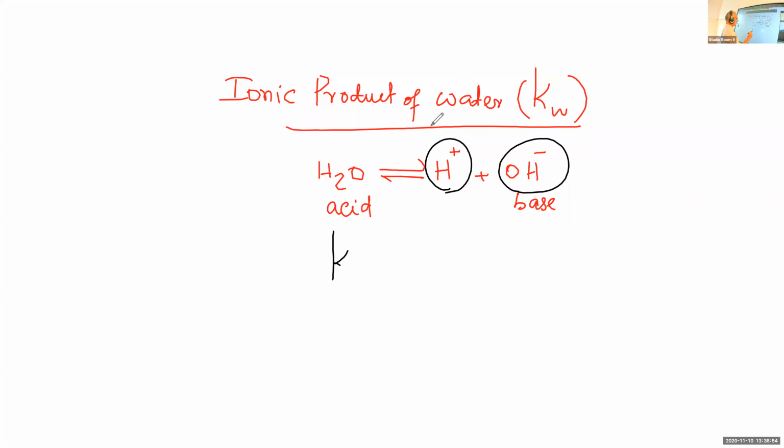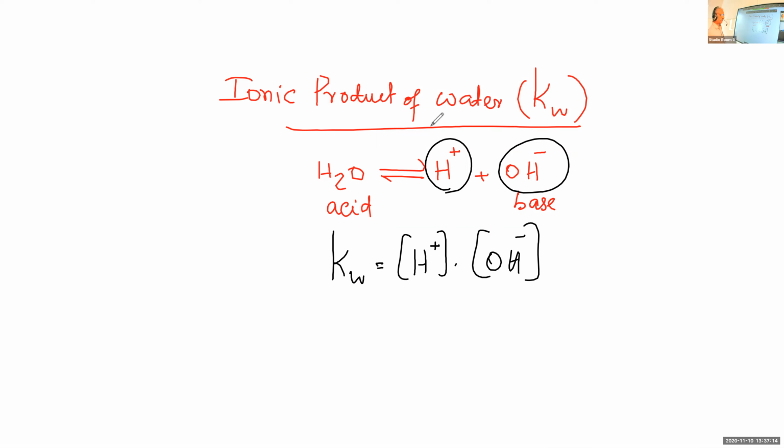So the ionic product of water, Kw, is a constant. It is the product of the concentrations of H plus ion and OH minus ion present in pure water. And that is the ionic product of water.